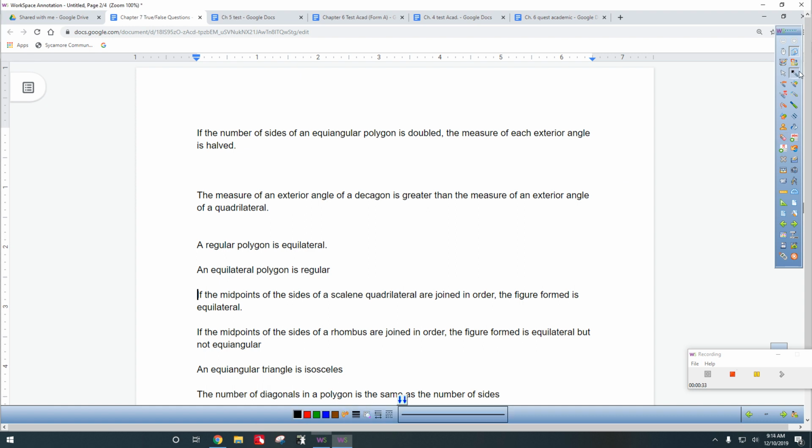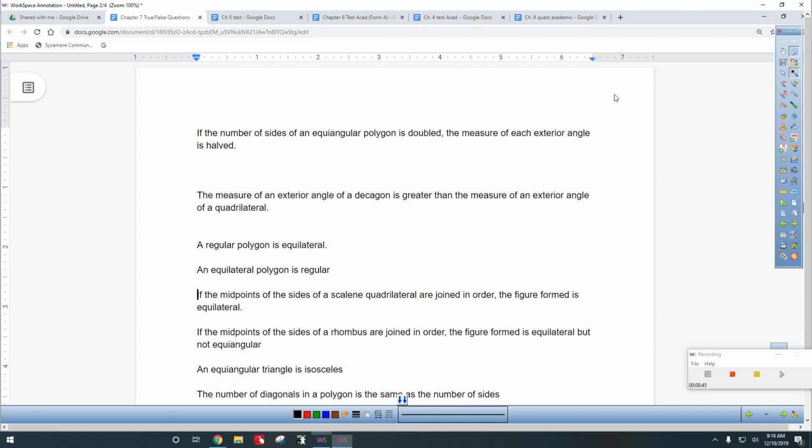Alright, if the number of sides of an equiangular polygon is doubled, the measure of each exterior angle is halved. Is this always, sometimes, never, or true, false? Are you sure? Yes. Okay, well, let's see.